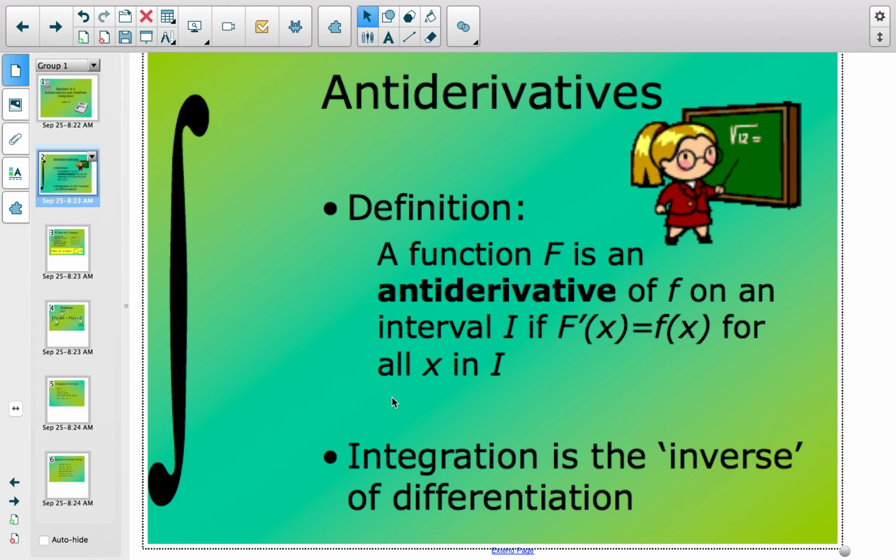Okay, so integration is kind of the inverse of differentiation. It's the reverse process. You're undoing the differentiation processes that you went through and learned in the previous couple of chapters.